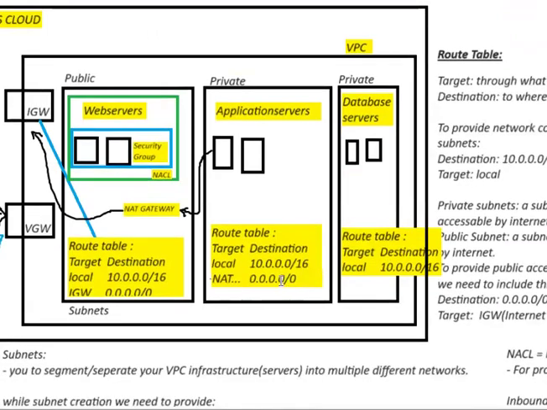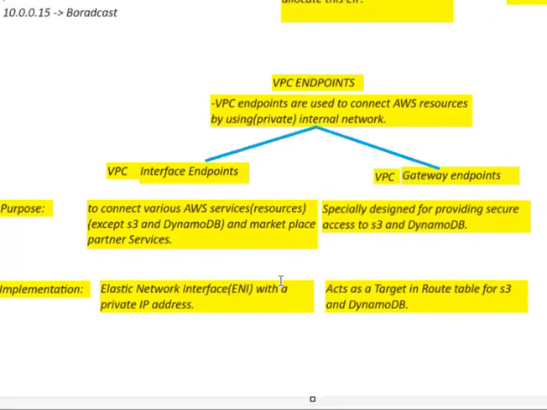Then under the destination, we provide either S3 or DynamoDB. In this way, we can access S3 and DynamoDB, and we can access the VPC interface endpoint services from other services by simply using a private IP address, that is, the ENI, Elastic Network Interface with private IP address.